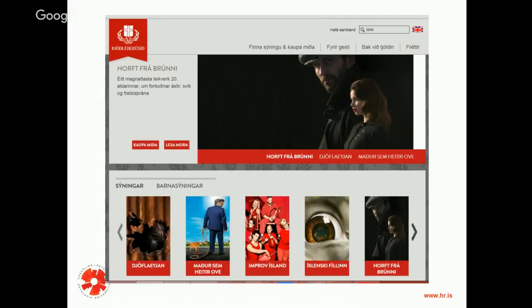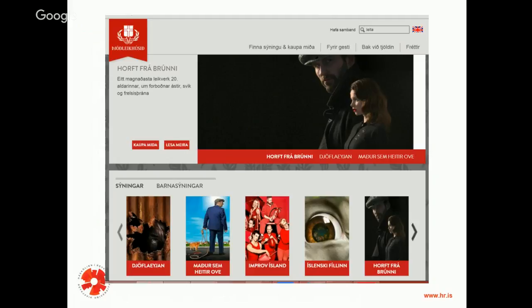I have to tell you that like two or three years ago, the theaters in Iceland designed their websites in similar ways, and they actually had only one approach, and it was this approach. So you could really see which shows were going on. If you think, okay, a man called Ove, that's interesting, I read the book, I would like to see the theater piece.